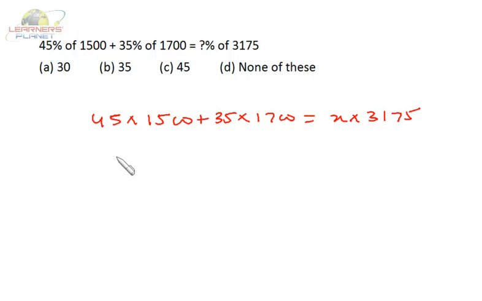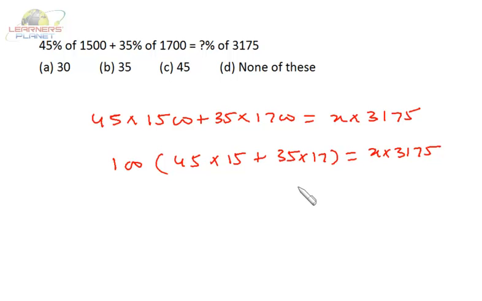Now we can write it like this. It's 100 into 45 into 15 plus 35 into 17, which is x into 3175. Friends, now just observe here. This calculation is odd. This calculation is odd. Odd plus odd, even. Okay. And here this number is odd, and we have to find out x.